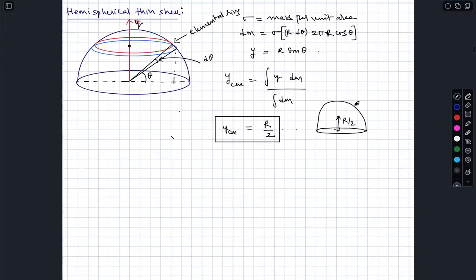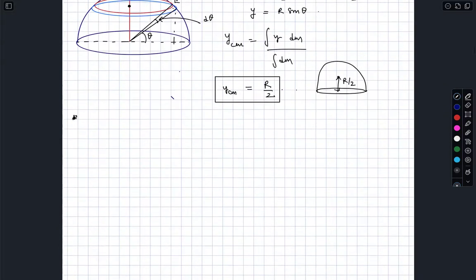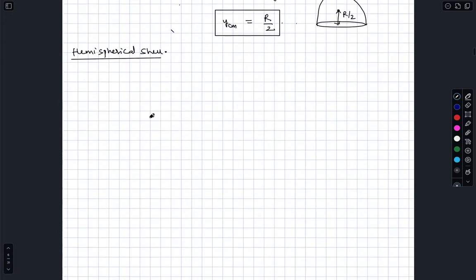Similarly, I will take one more thing. Hemispherical shell. Right. For a hemispherical shell, now can you please guide me what I am going to do in case of a hemispherical shell?